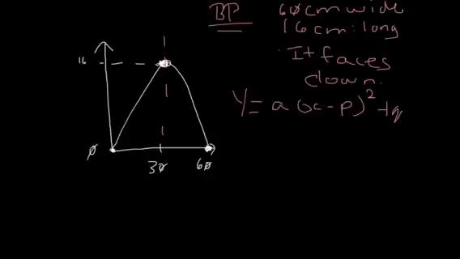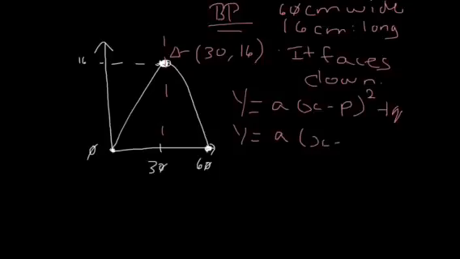So from what we already know, the vertex is (30, 16). So with that vertex, when we plug it in, we get y equals a(x minus 30) squared plus 16.